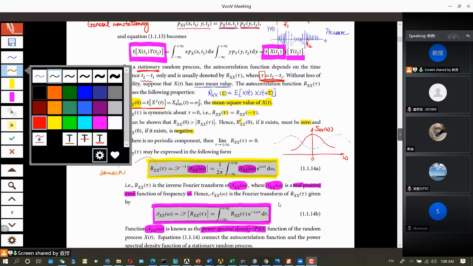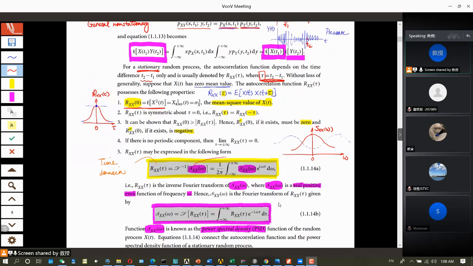As xx, the power spectral density function gives us the information in the frequency domain.